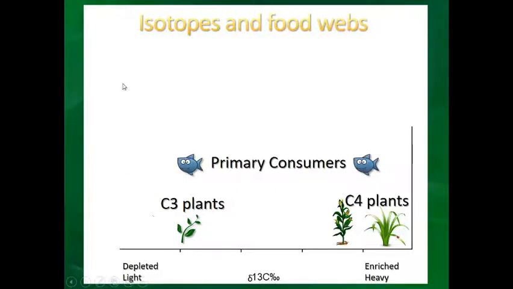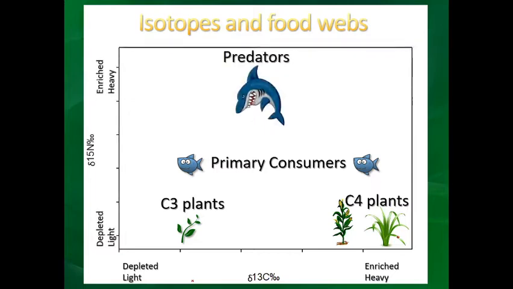So if we go up on the nitrogen scale, right, this fish is going to be eating basically only this C3 plant because it appears directly above. Now, if you were to have this predator, what is it eating?